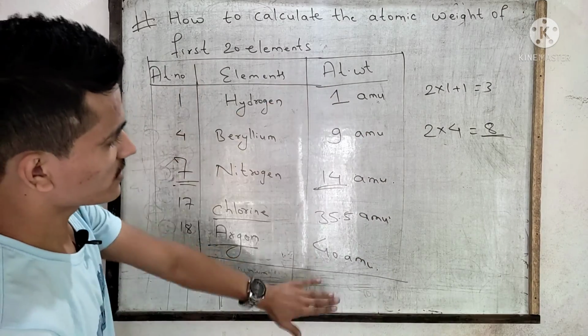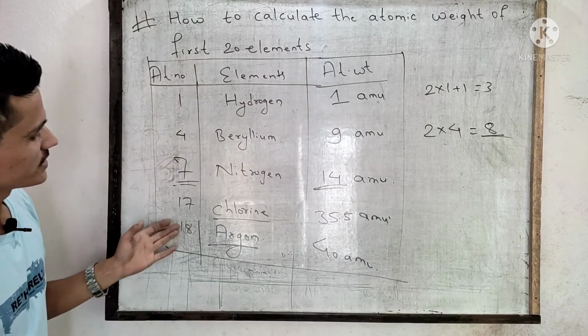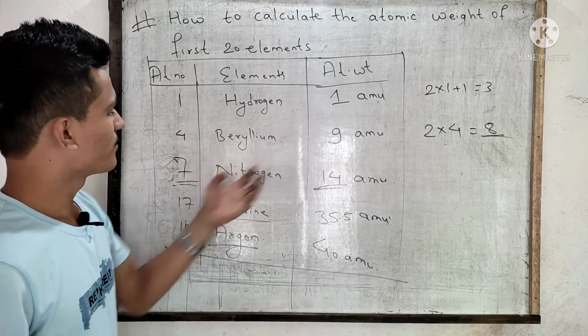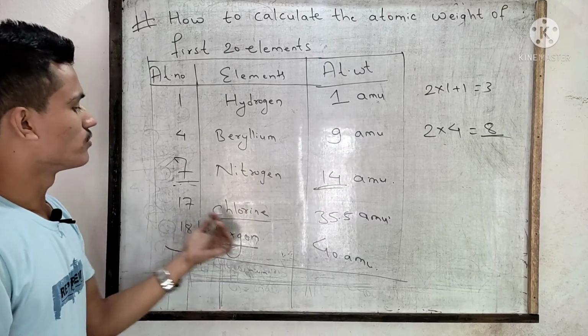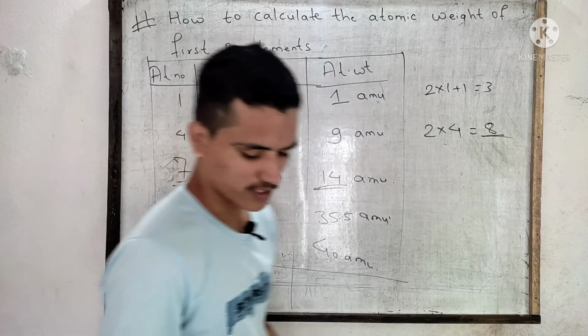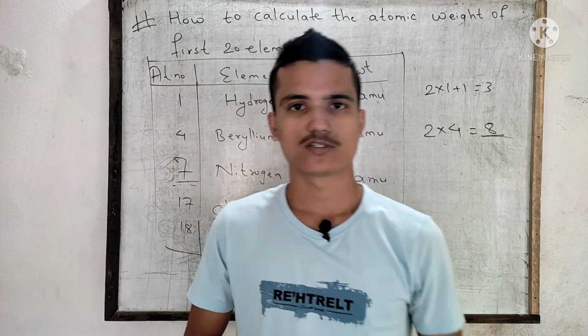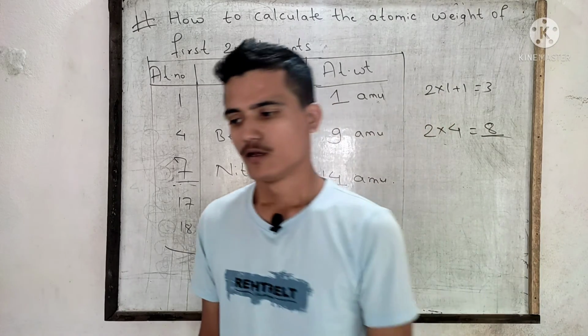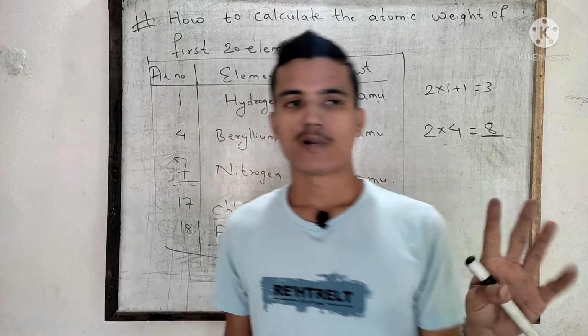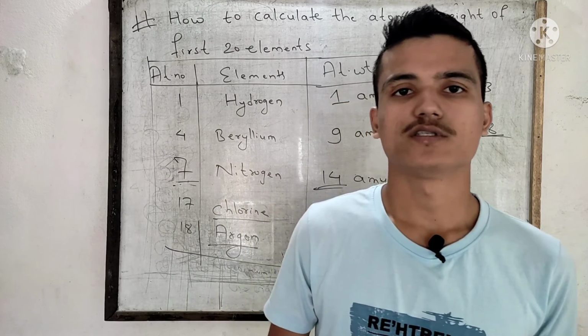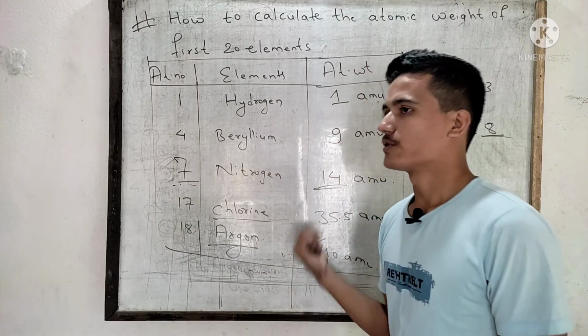You have to remember these numbers: 1, 4, 7, 17 and 18. Hydrogen has 1 AMU, beryllium has 9 AMU, nitrogen has 14, chlorine 35.5, argon 40. In this way, you can calculate the atomic weight of the first 20 elements. First of all, you can apply the 2 rules. If the elements do not follow the rules, then you can simply remember them this way.